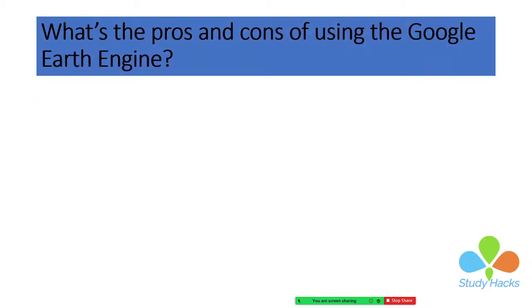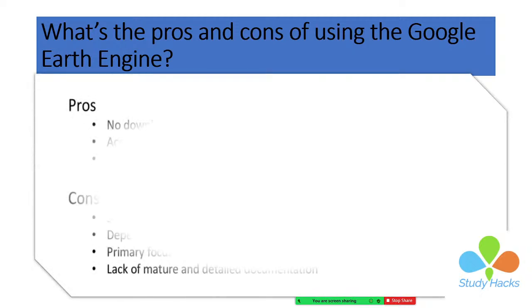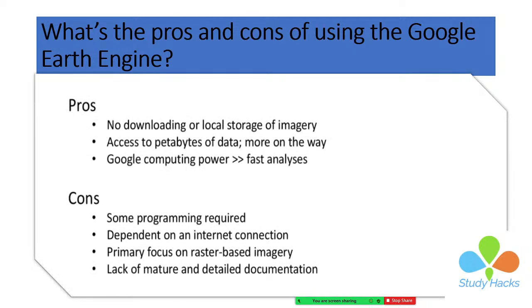It has some advantages and disadvantages, but it has a lot of advantages. The advantage is that you don't need to download any satellite imagery, or keep local storage of imagery. Suppose you want to make a land cover classification map using Landsat imagery. You don't need to download the Landsat imagery.